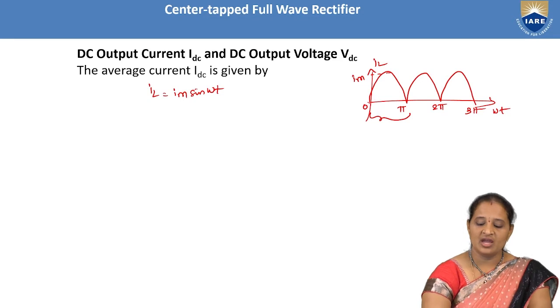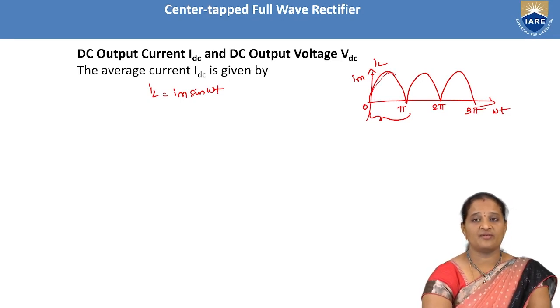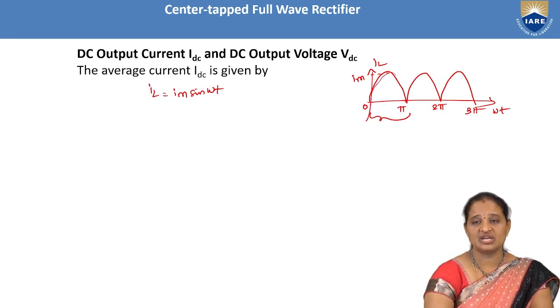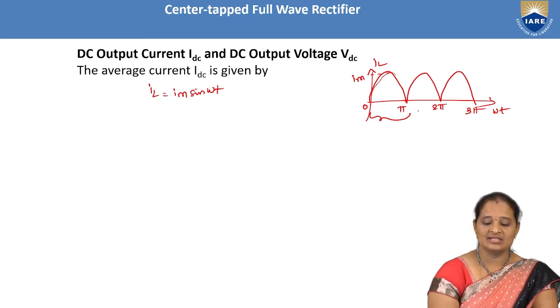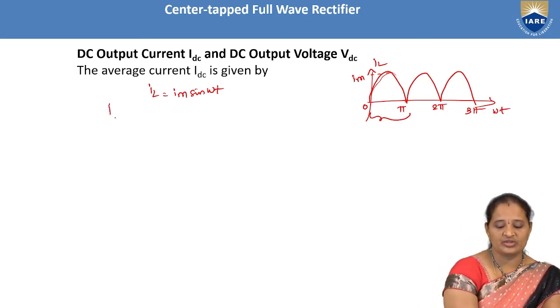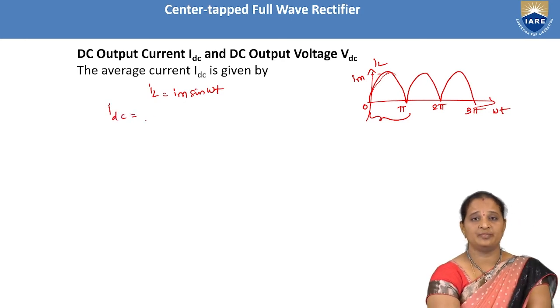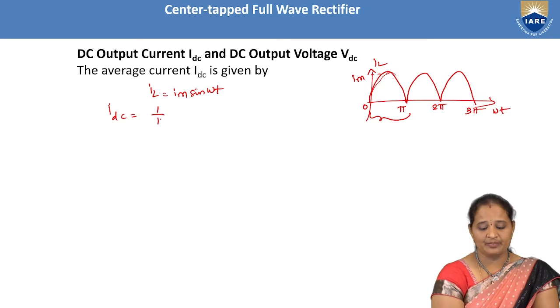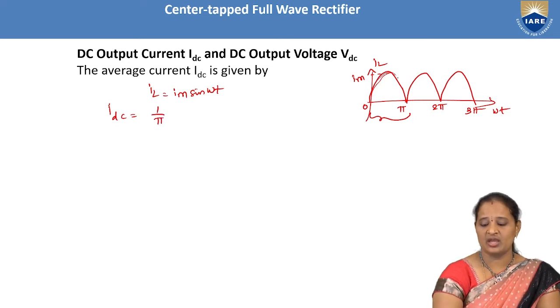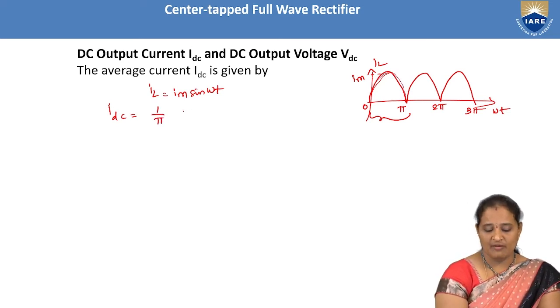So the average value of the output waveform can be found by considering only the waveform from 0 to pi. And hence the average value, which is represented by IDC, can be obtained as 1 by pi, that means I am considering only the first cycle, 1 by pi integral 0 to pi IL d omega t.